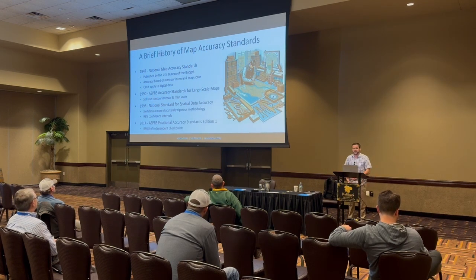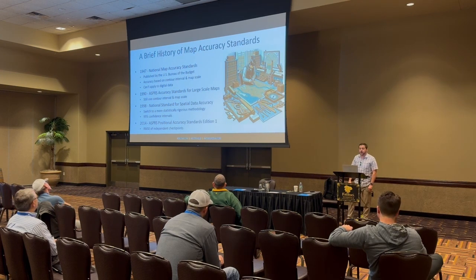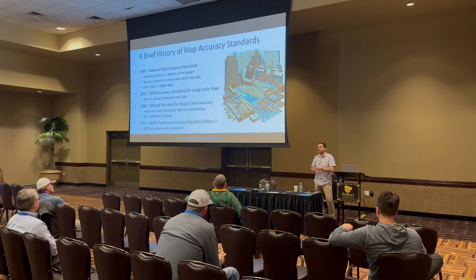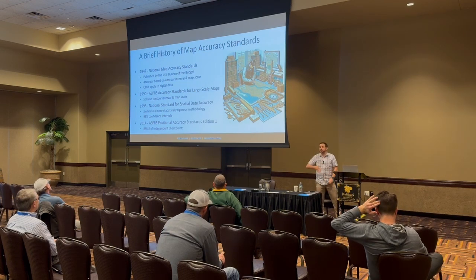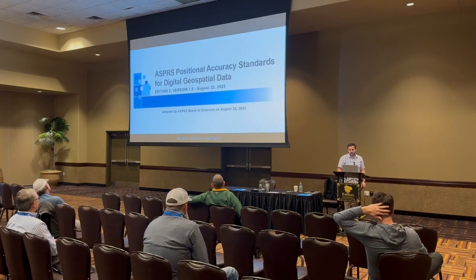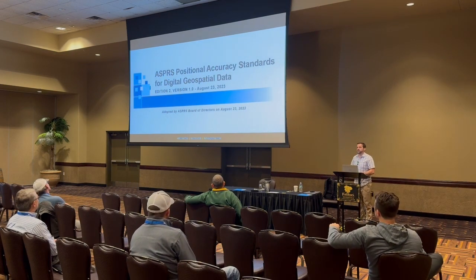And then in 2014, the ASPRS Positional Accuracy Standards Edition 1 came out, and that's been the gold standard for the last 10 years, which is the RMSE, or root mean squared error, of independent check shots. And that's really the foundation for what accuracy is today, which is in Edition 2.